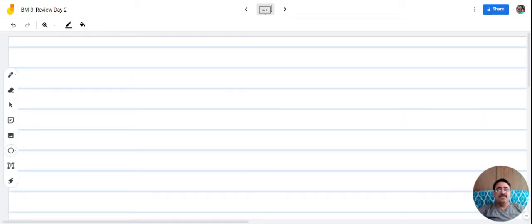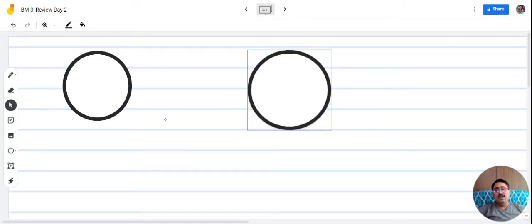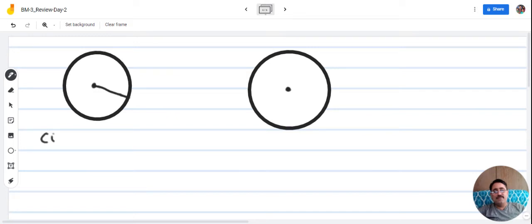In our previous sessions we discussed that if a circle is given, let me draw this circle, then the area of a circle is pi r square, and the circumference, which is the boundary line, equals 2 pi r.